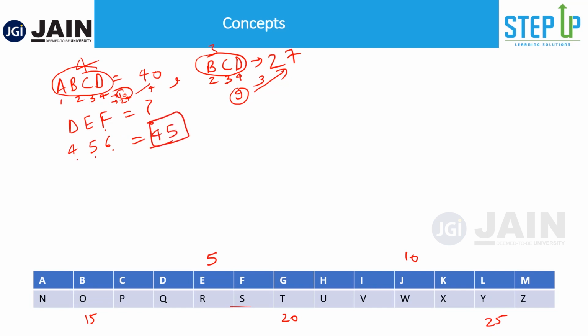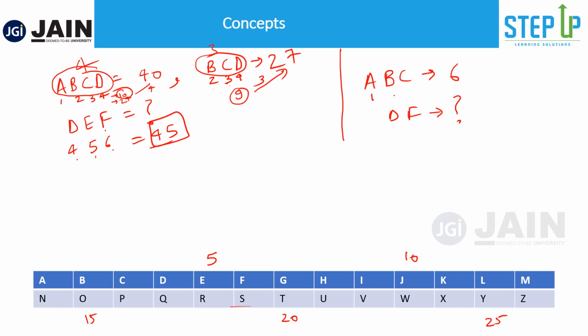This is just one way to do it, right? There could be multiple other ways to do it also. But normally, let's say I say ABC is 6 and they ask what is DF? Can you find that out? If you notice in this question, you actually cannot. So they would not give you this.